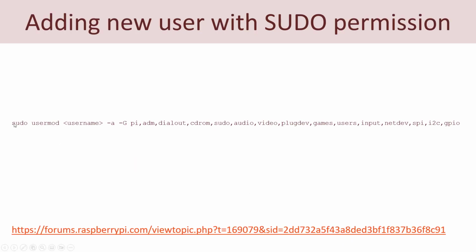So then you can type this very long command either in the terminal or in the PuTTy software. So then sudo usermod and the new username and all these settings. By typing this command, this new user will have almost the same rights as the built-in root user of the Raspberry Pi.